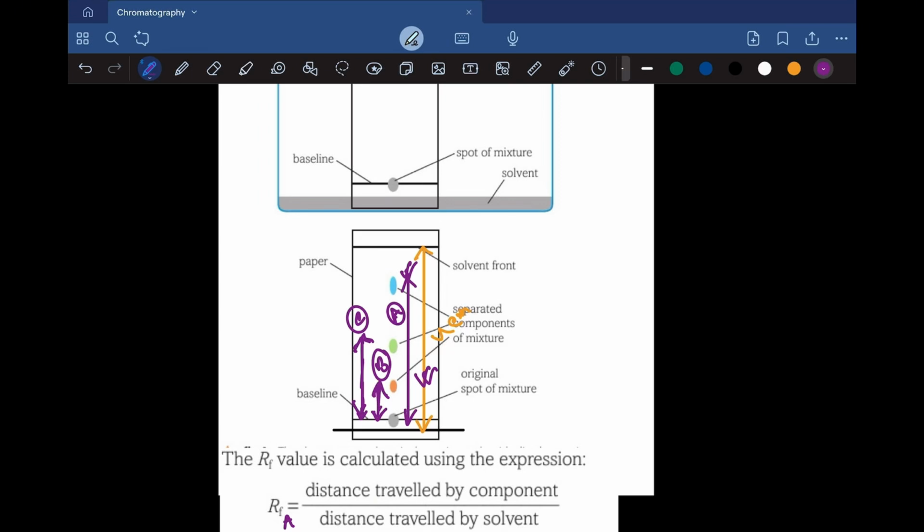So let's say the solvent distance is x centimeter. The retention factor of A will be A divided by x centimeter, of B will be B divided by x centimeter, and of C will be C divided by x centimeter. This is how we will be calculating the retention factors.